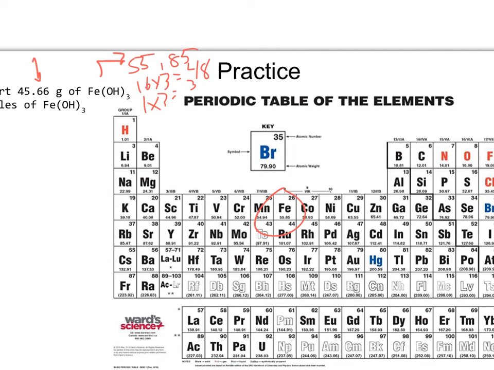So now we've got to add all this together. 55.85 plus 48 plus 3 is 106.85. Okay, there's your molar mass, 106.85.